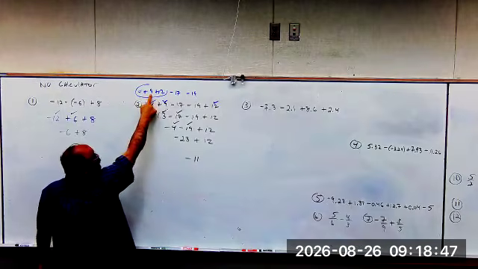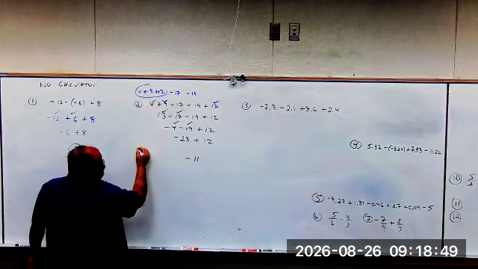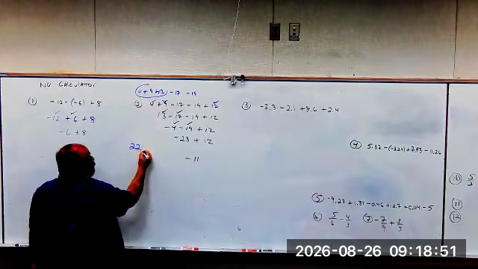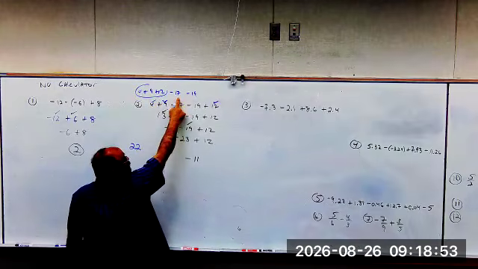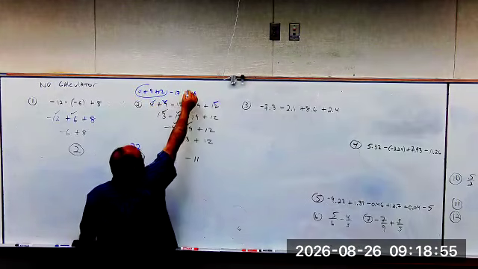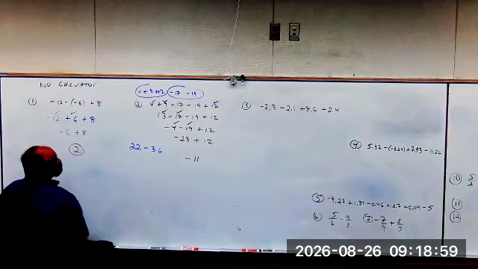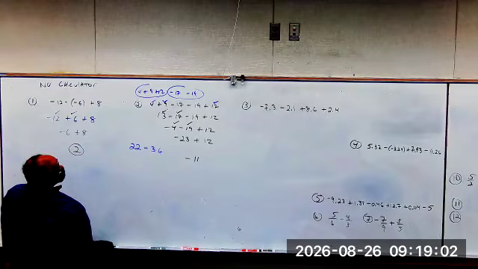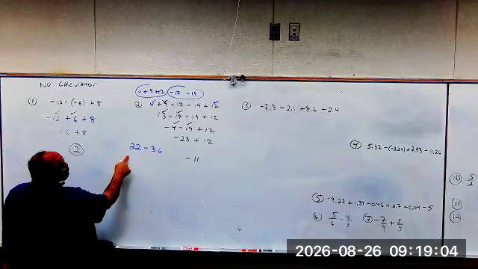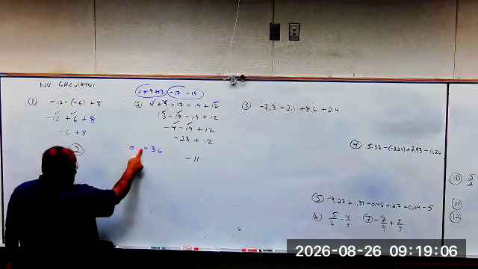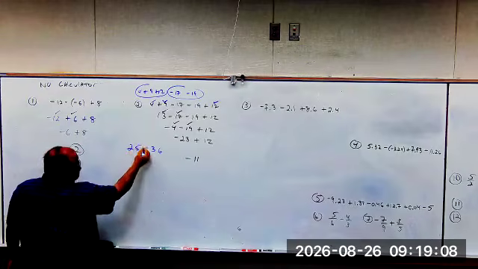4 plus 9 is 13, and 13 plus 12, that's 25 positives. Negative 17 and a negative 19, that is 36 negatives.